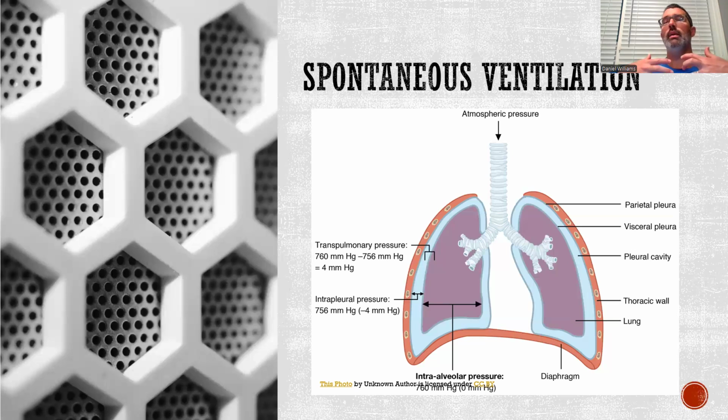If I were to take a set of bolt cutters and snap my ribs at the sternum, my ribs would want to open up outward. The lungs always want to recoil inward. So you've got an outward pull and an inward recoil.